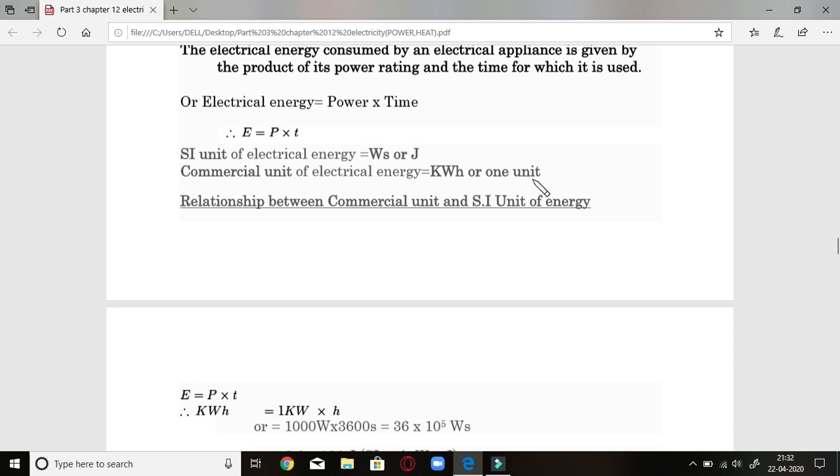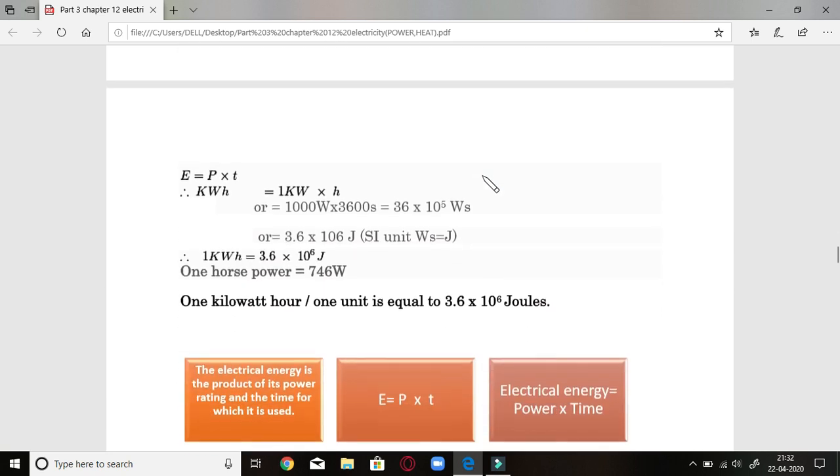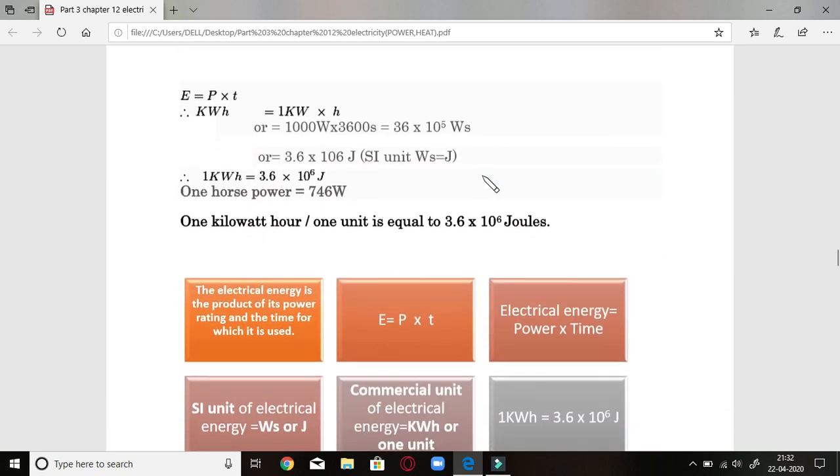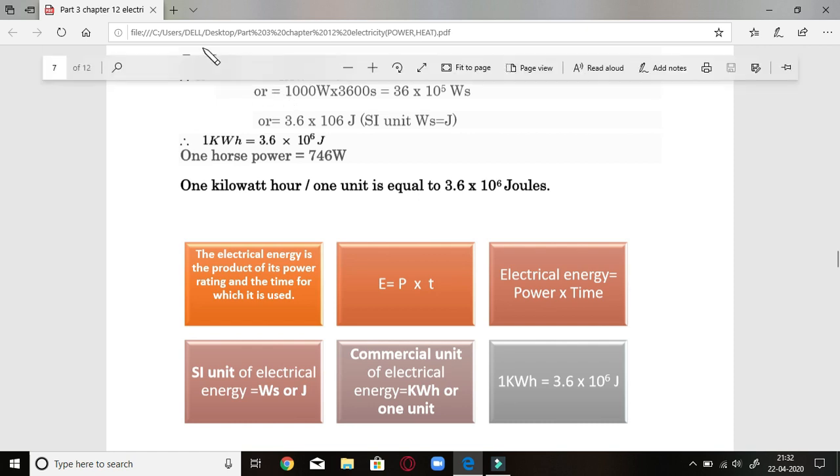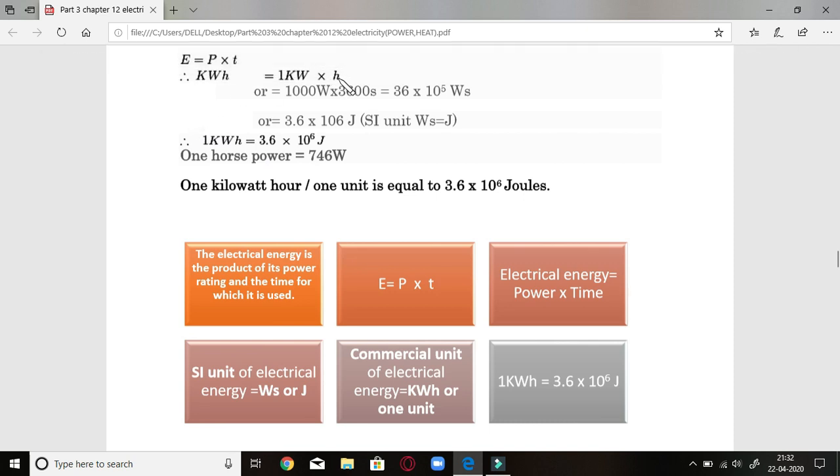Next, what is the relationship between this commercial unit and the SI unit of energy? Let us find it out. As we know, E is equal to P multiplied by T, so 1 kilowatt hour is 1 kilowatt, which is for power, into 1 hour, which is for time.